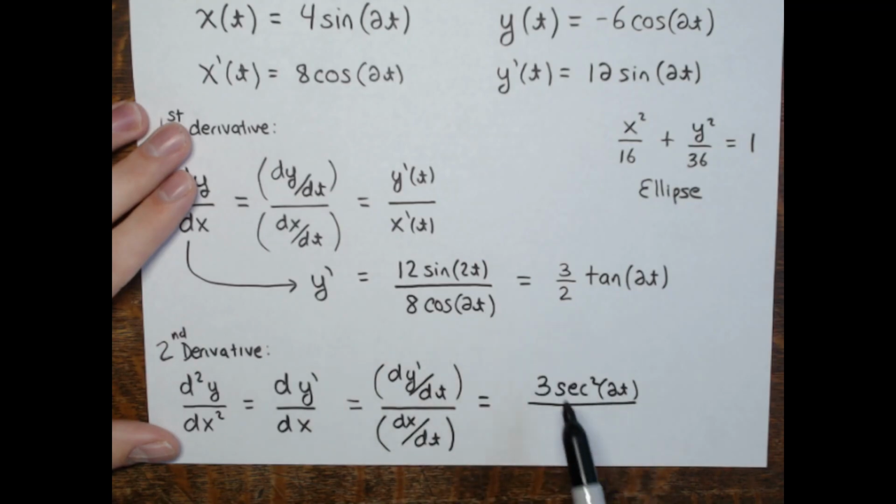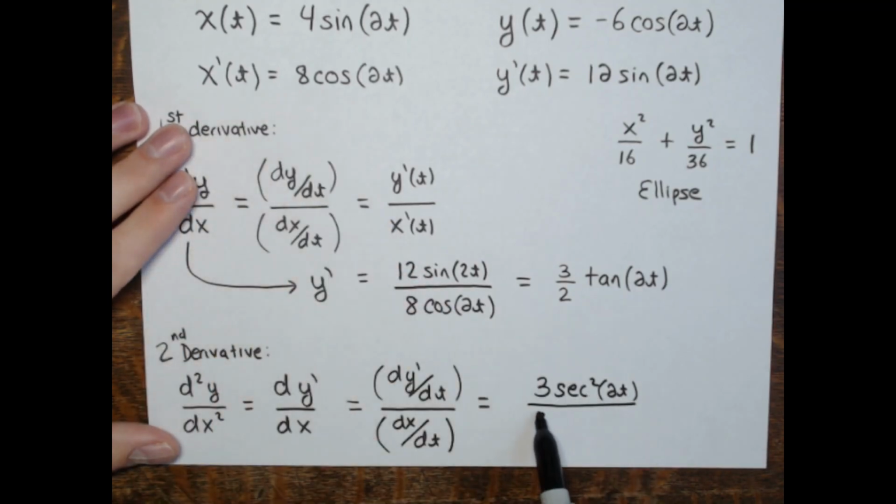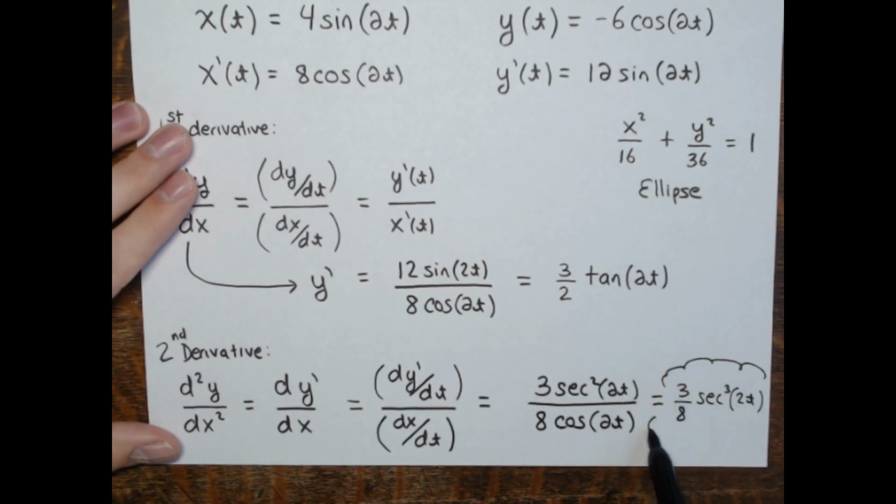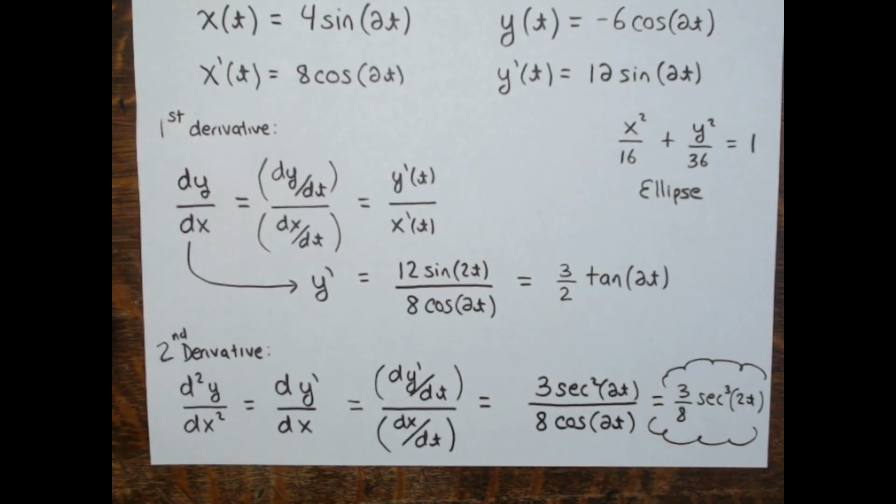So that's 8 cosine 2t, divided by 8 cosine 2t, and 1 over cosine is the same as secant. So this is 3/8 times secant cubed of 2t. And that's what they want right here: a little formula to describe to us the second derivative at any point, as long as we know the value of t that takes us to that point.